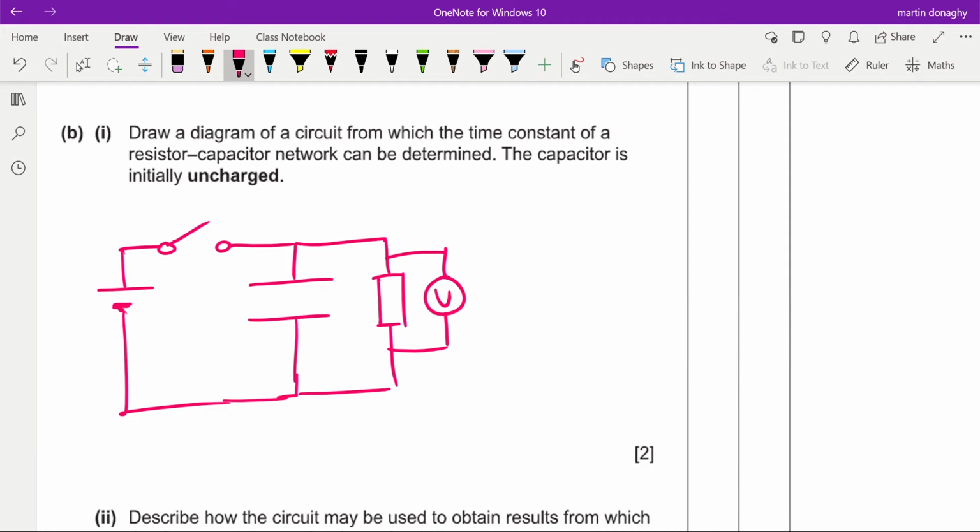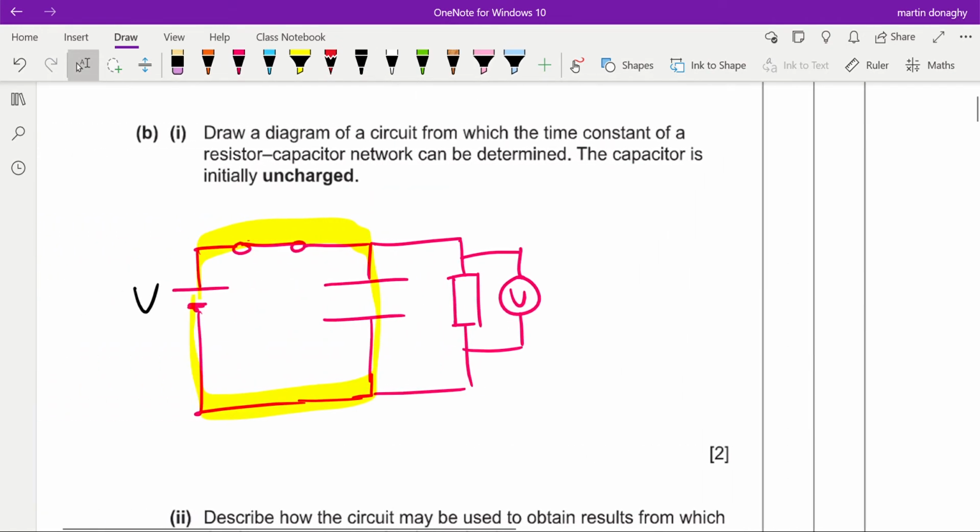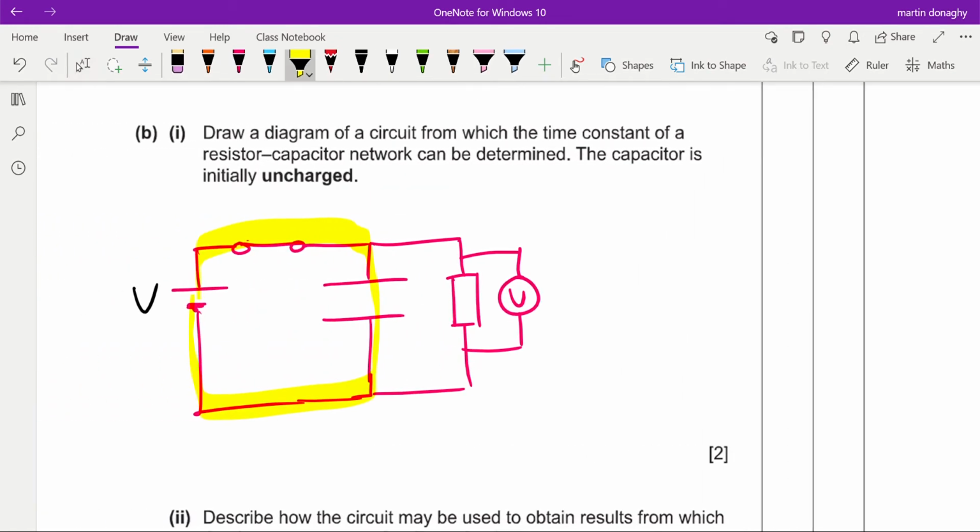Now, how does this circuit work? Well, when we close this switch, that will charge up our capacitor until it reaches the same voltage as our supply. However, it will also put a current through the resistor. Now, as long as that resistor is high enough, it won't actually affect the capacitor, but I just don't like that as a circuit.